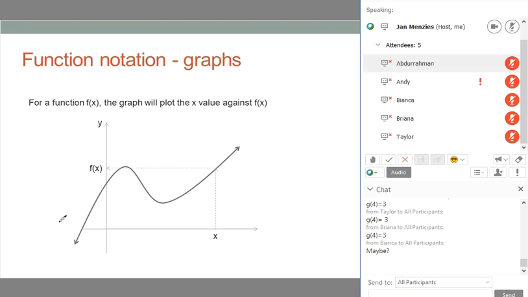Now, I want to use this graph for a different reason. I very briefly mentioned domain at the start of the lesson. The domain are the x values. Now, if I put a restricted domain on this function, so I'm going to put a solid dot here and a solid dot here.